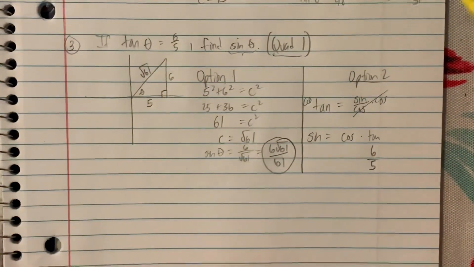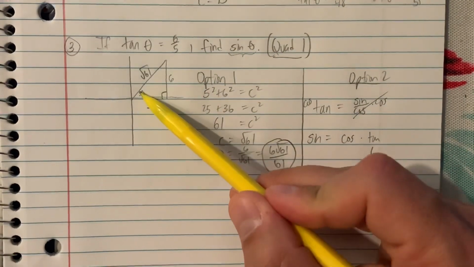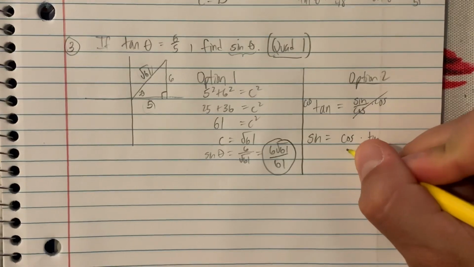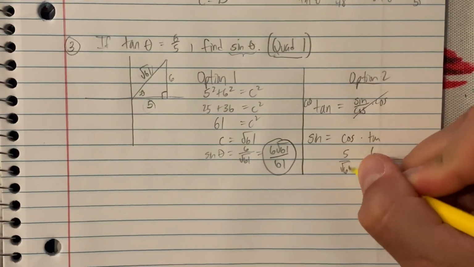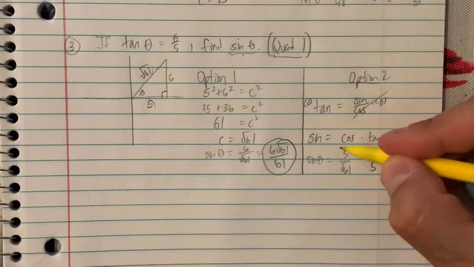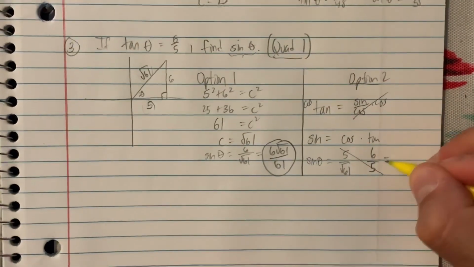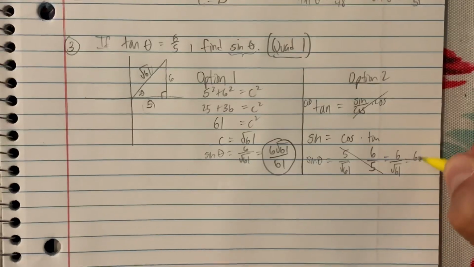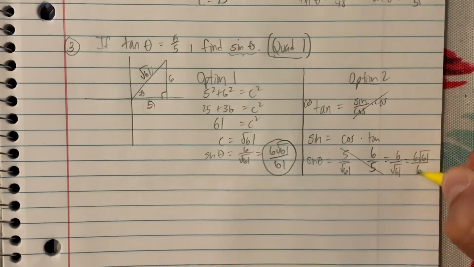All right? And if I look back on my triangle, cosine is adjacent over hypotenuse. So let's say that cosine is 5 over root 61, which says sine of my angle theta, my 5's would cancel. My final answer is going to be 6 over root 61, which then again simplifies to 6 root 61 over 61.